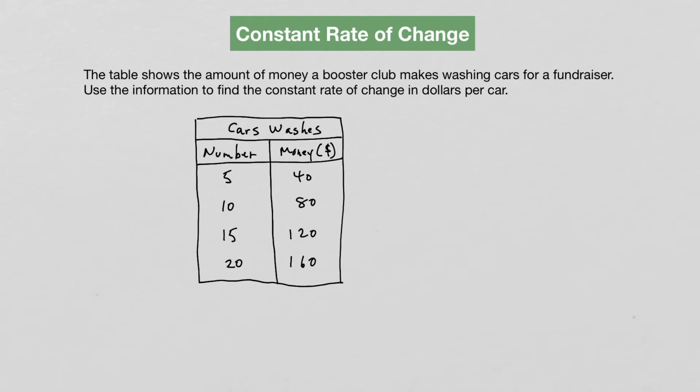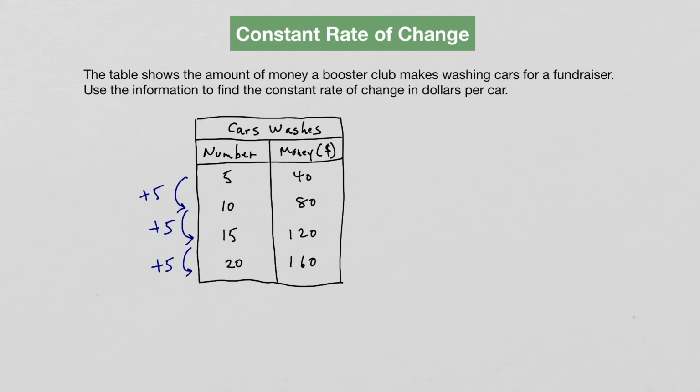In other words, to go from 5 to 10, we're adding 5 cars. And to go from 10 to 15, we're adding another 5 cars. And then from 15 to 20, we're adding another 5 cars. Okay? So as you notice, the change is a constant of 5. We're adding 5 every time.